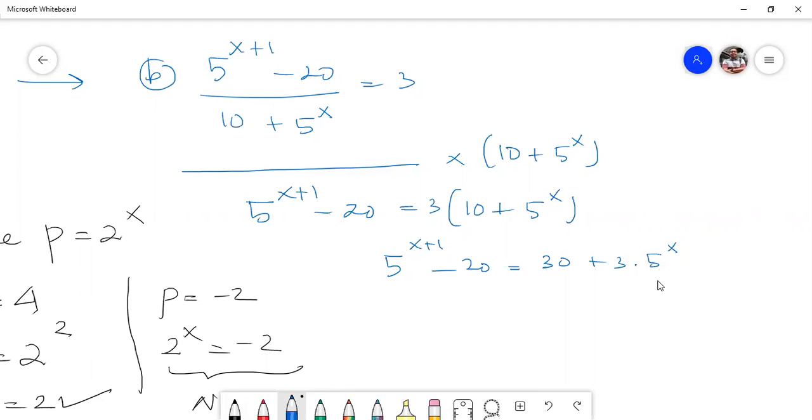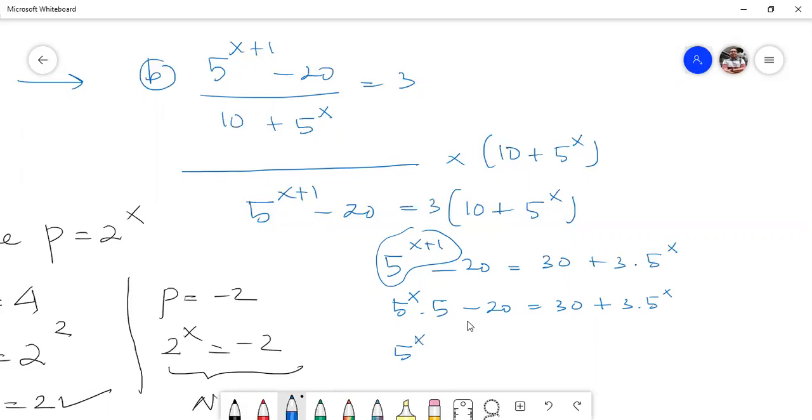Then I split this: 5 to the power of x times 5. Remember the property of exponent, we can split them. Minus 20 equals 30 plus 3 times 5 to the power x.